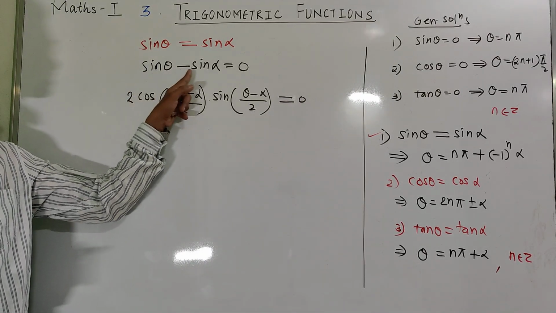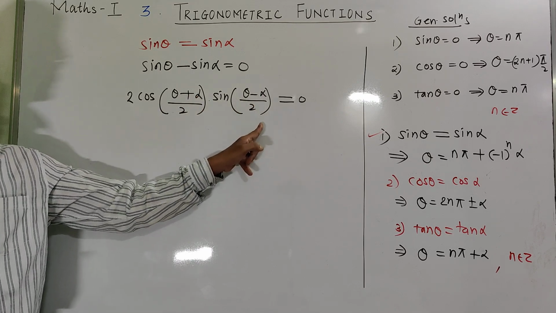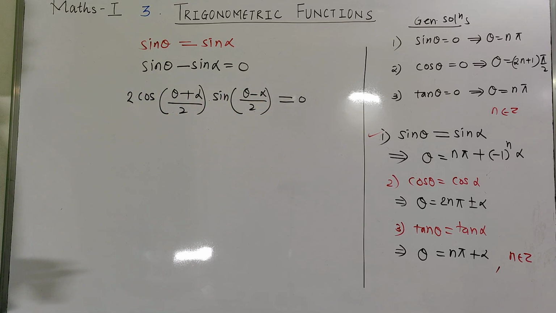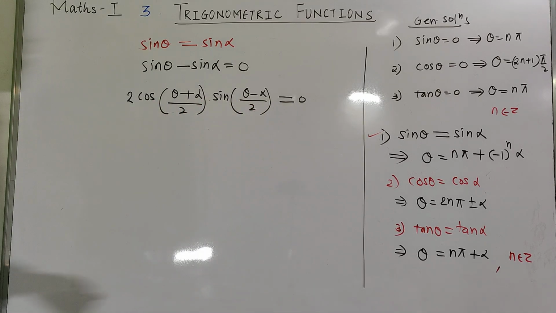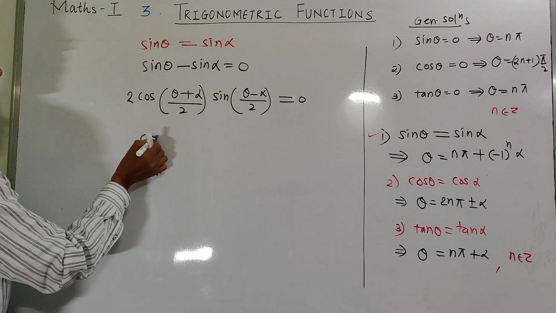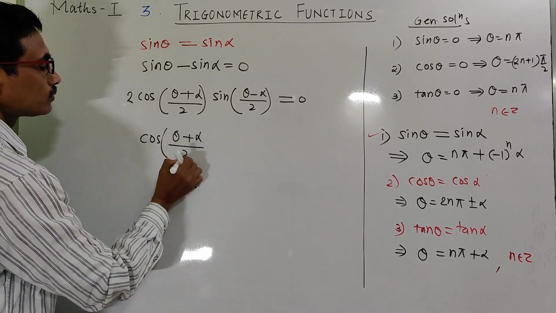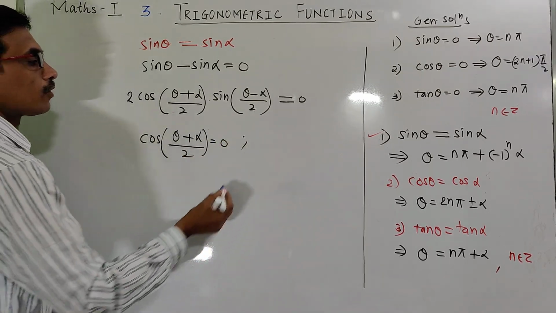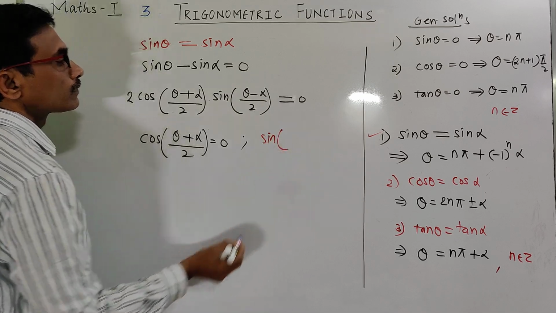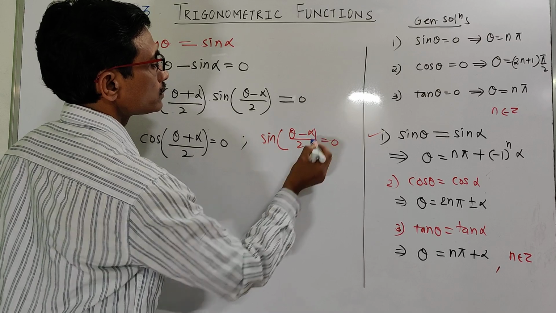As the right hand side is 0, either this is 0 or this is 0. So cos of (theta plus alpha) upon 2 is equal to 0, and sin of (theta minus alpha) upon 2 is equal to 0.